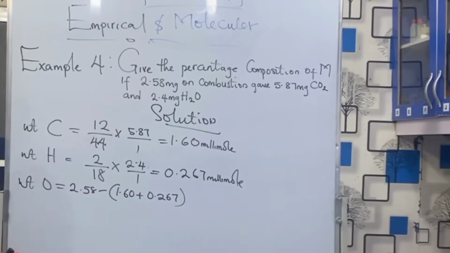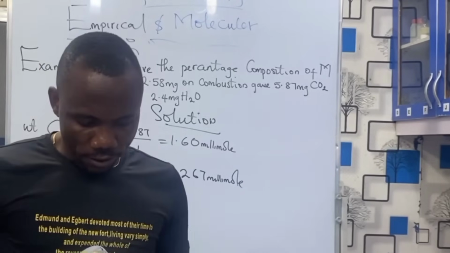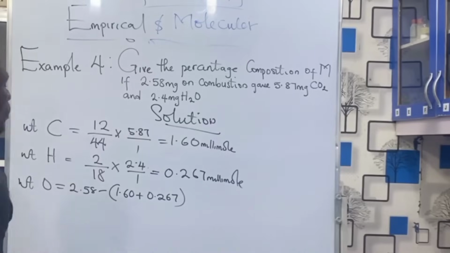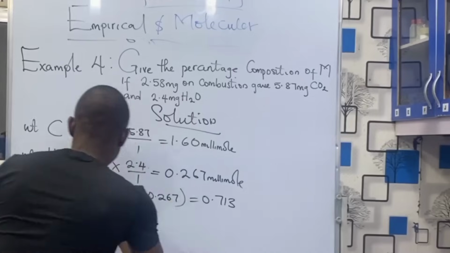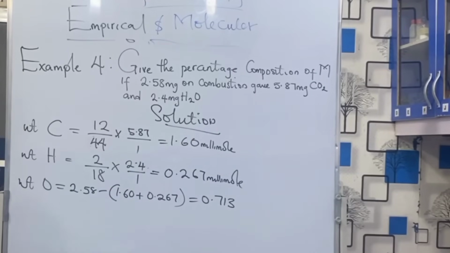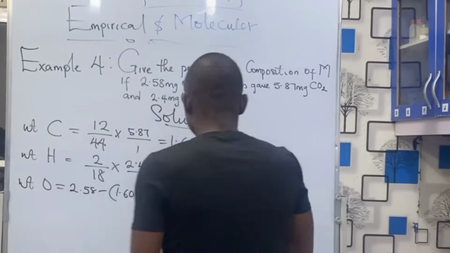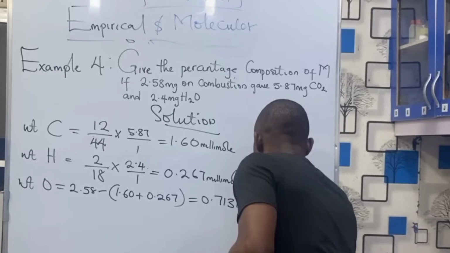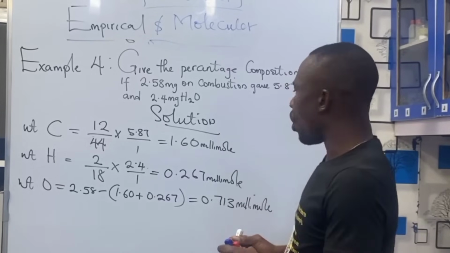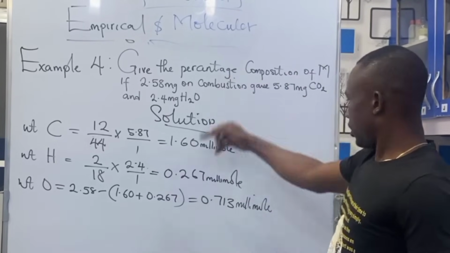When you do this mathematics, we will arrive at 0.713 as the weight of oxygen. So mathematically, the weight of each element present has been derived.